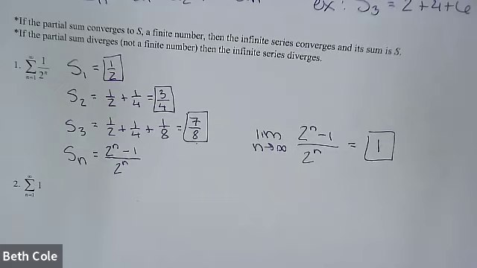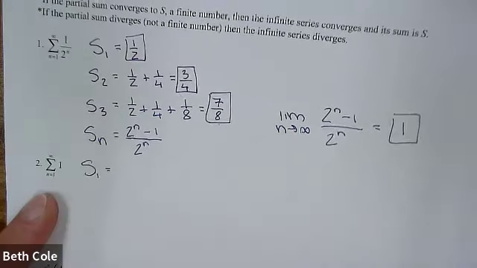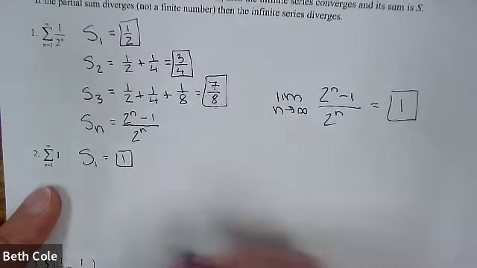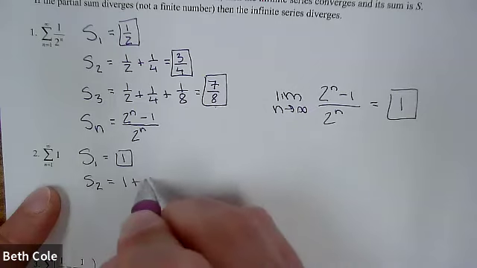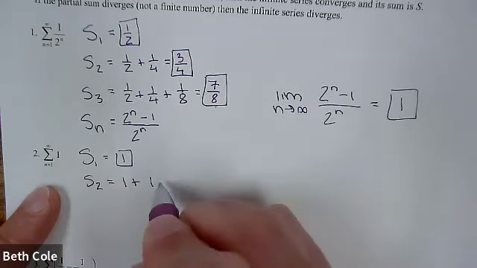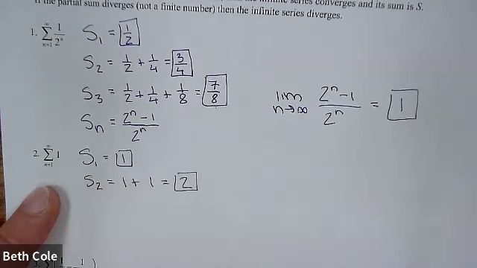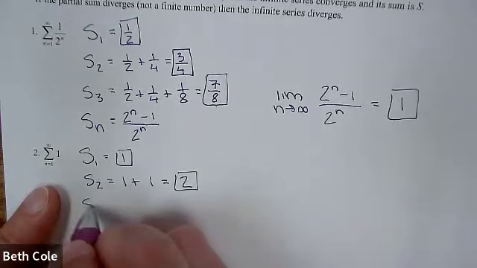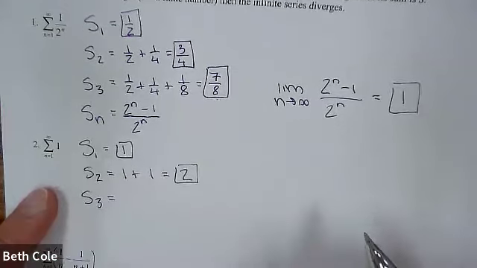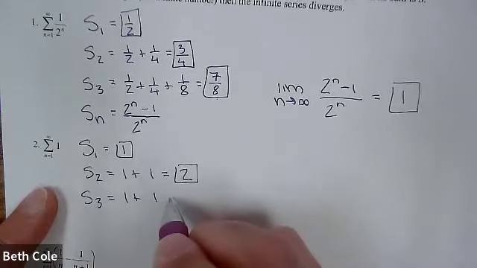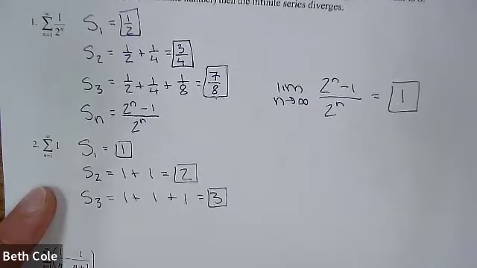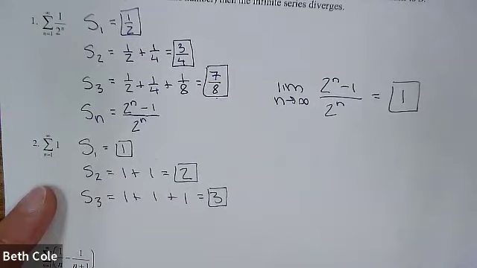Okay. Let's try it again. If you sum up just the first term, that would literally just be 1. Cool. And then if you do the first 2 terms, that's going to be 1 plus 1, which is 2. Every term in this series is 1. So if you sum up the first 3 terms, just to be thorough, I like to do at least the first 3, it would be 1 plus 1 plus 1, which is 3. Every single term is 1.